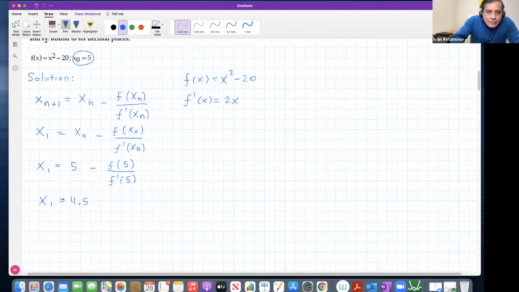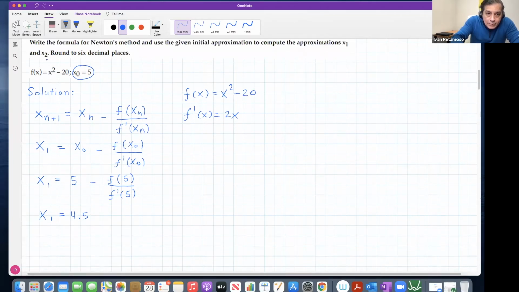But now that's x1. Now they want x2 also. Besides x1, they say they want x2, and they say approximate to 6 decimal places. So what will be x2? x2 will be x1, the previous, minus f evaluated at x1 divided by f prime at x1.